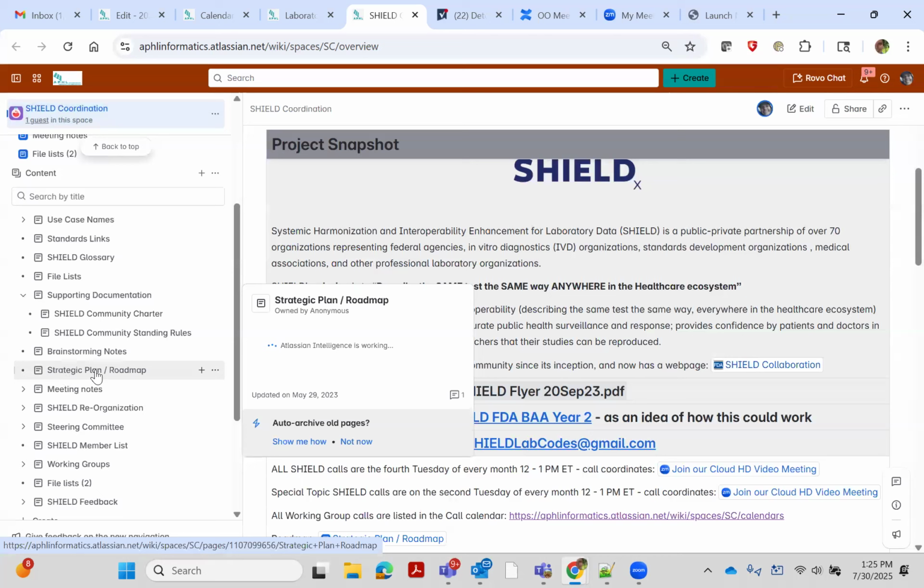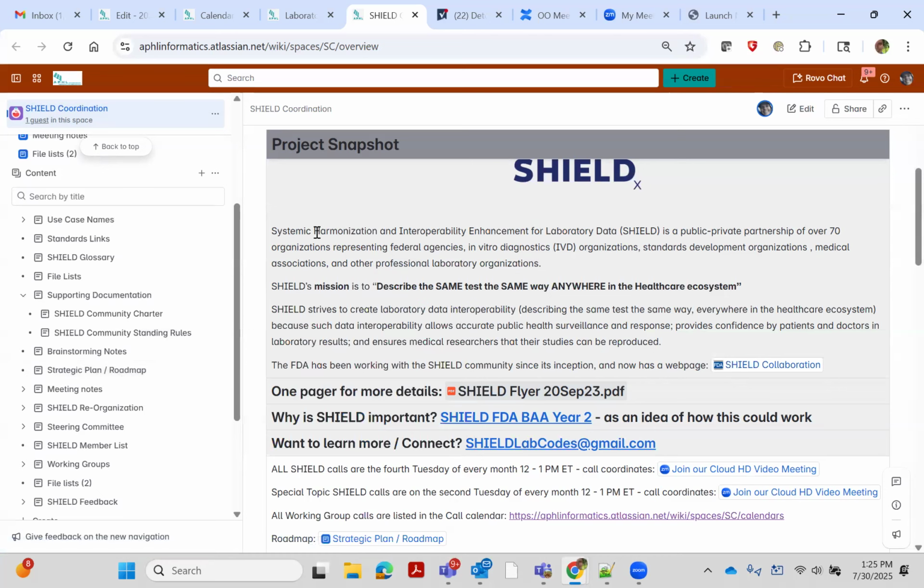We have a roadmap. So that was the other thing we did right after the pandemic, is to come up with a roadmap of how we are getting everybody to the place where the same test really is described the same way, regardless of where in the healthcare ecosystem it's documented.